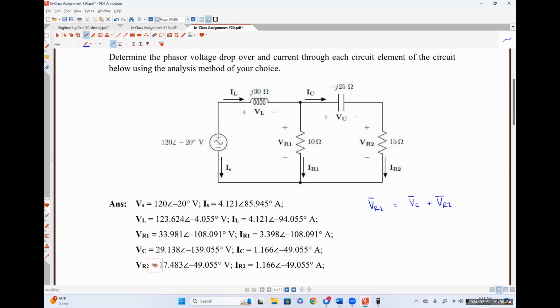I definitely agree with that. So I'm going to take that and effectively choose to interpret it as this 10 ohms of resistance is in parallel with this 15 minus J25 ohms of impedance. Is that an okay thing?